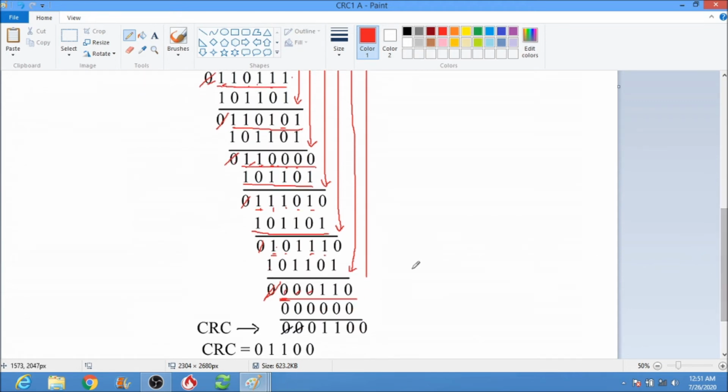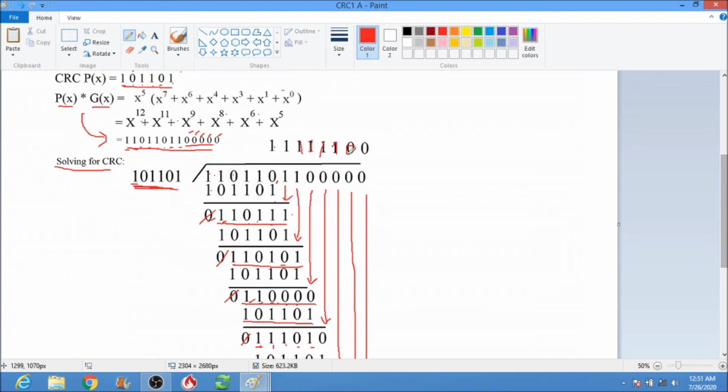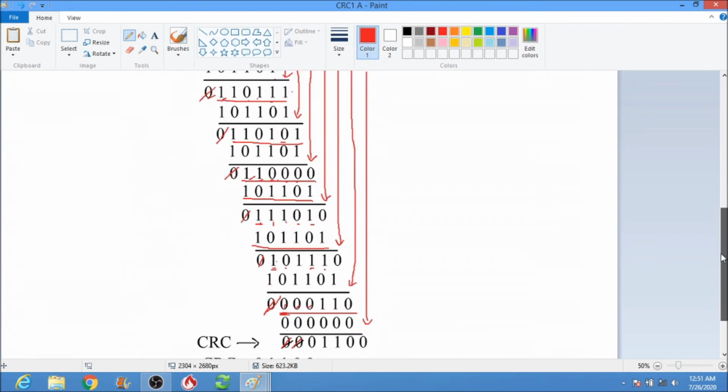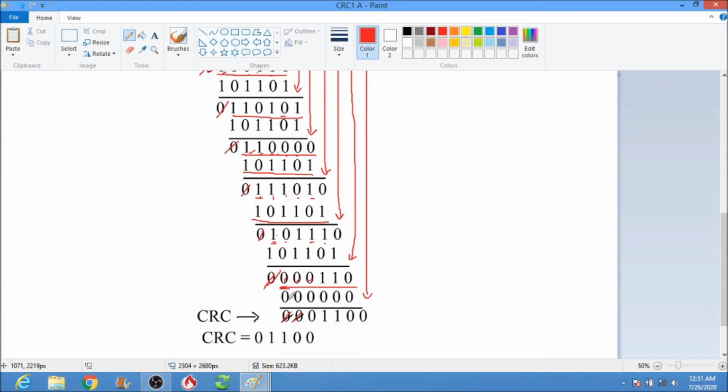So bring down another 0. So we cross out 1 and 2. So the result will be, XOR 0, 0. 0 times this one is 0, 0.